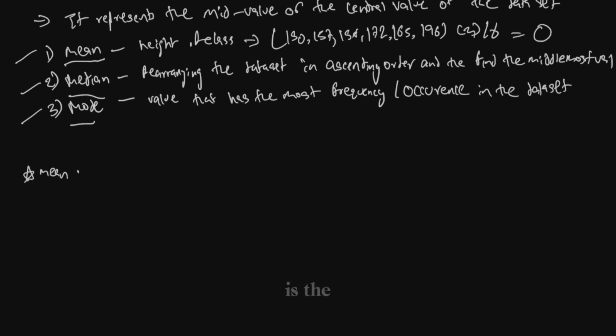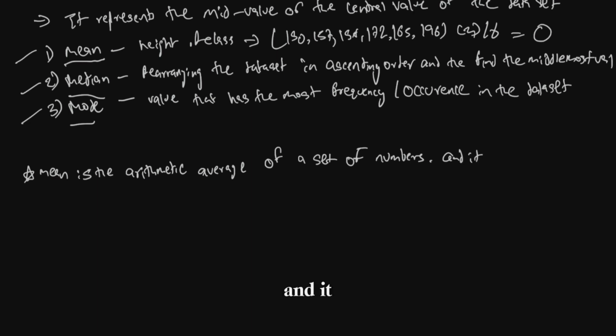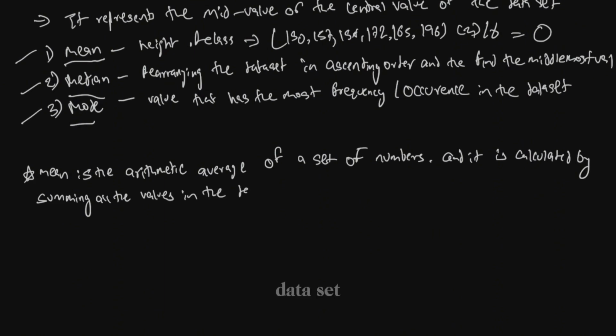As you all know, the mean is the arithmetic average of a set of numbers, and it is calculated by summing all the values in the data set and then dividing by the count of the data set.